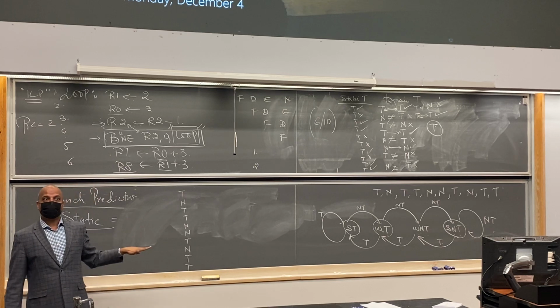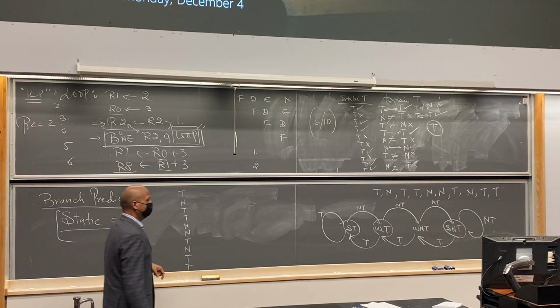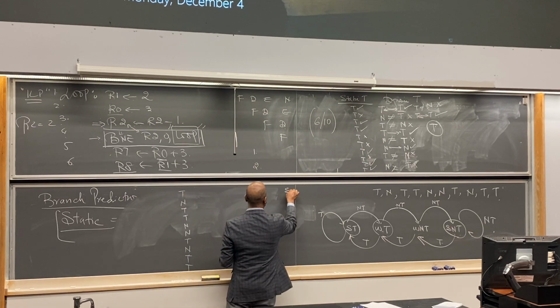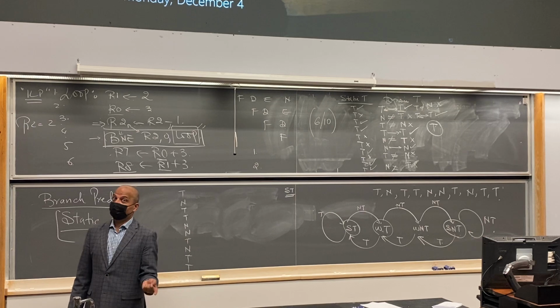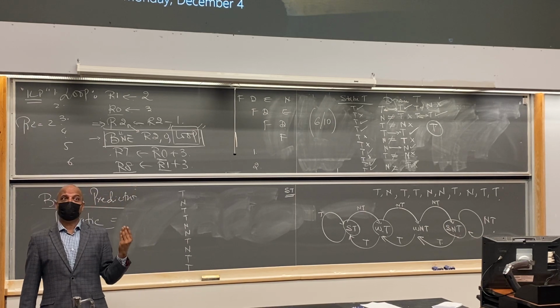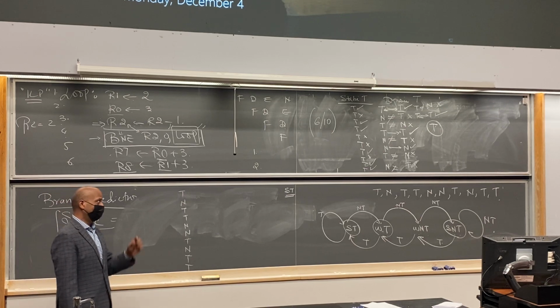That's the reality that will happen once we start to execute. But let's grab our predictor and initialize it to strongly taken. Same thing as if I had initialized it to taken with 1 bit, but now I have 2 bits, so I'm initializing that to strongly taken.